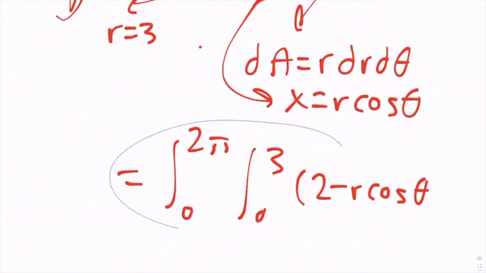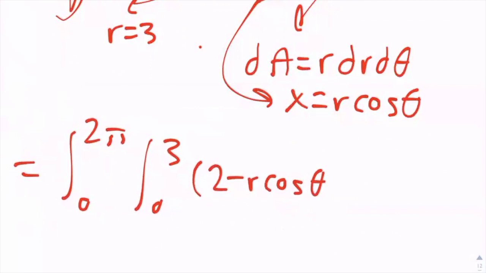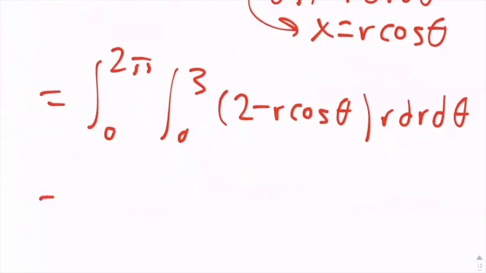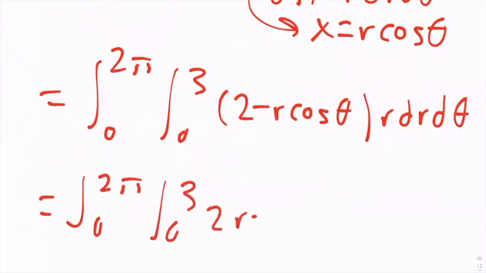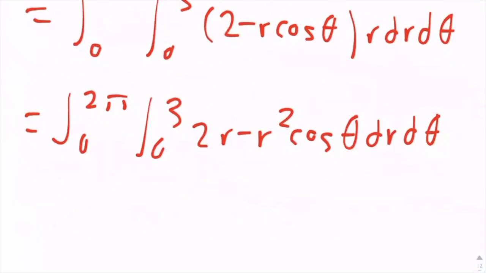Sorry, I'm going to have to move this over because I'm going to run out of space. Let's distribute the r just to make our life a little bit easier: 2r minus r squared cosine theta dr d theta. And now all we have to do is integrate with respect to r and then with respect to theta.